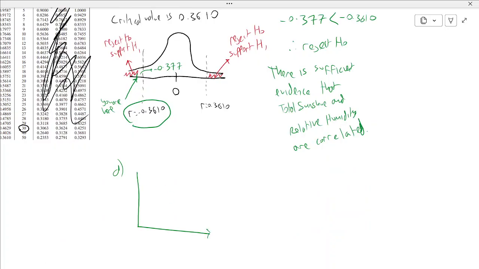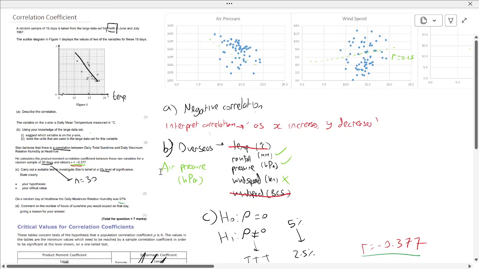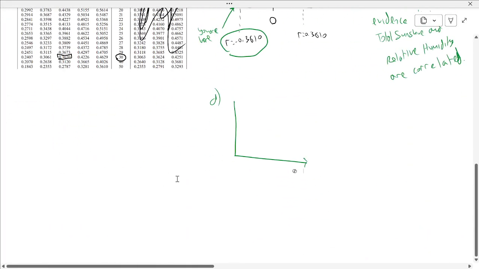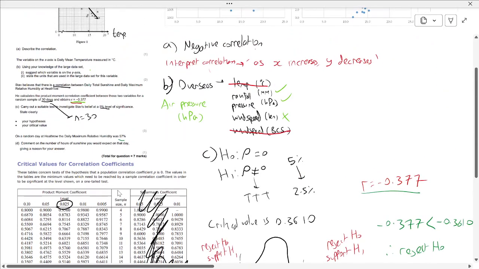So we should expect, which variable do they say first? They said sunshine, humidity. If I had sunshine, humidity, I should expect a negative correlation. Now, humidity here, it says if I saw 97%, you also kind of need to know the large data set here. This is a large number. This is almost 100%. This is above average.